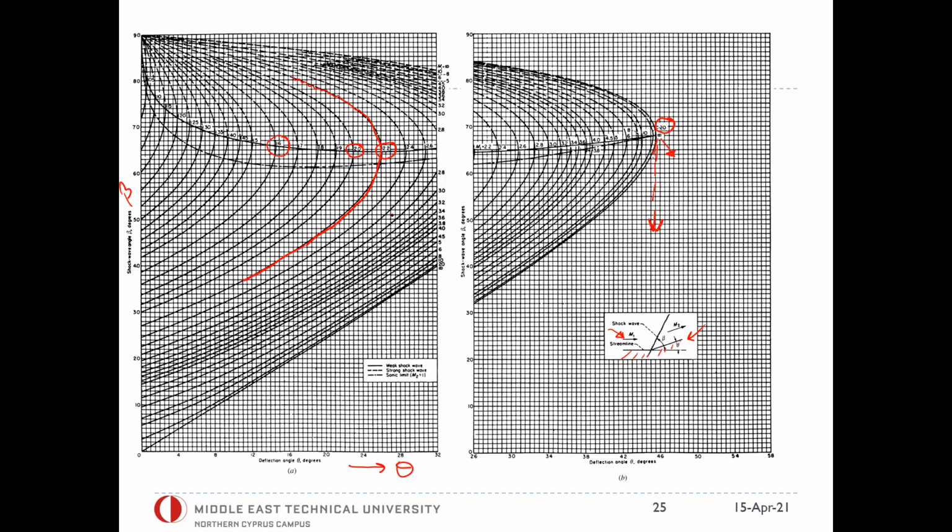There were a few issues related to this. For example, for every single Mach number curve, let's say this is the Mach 1.5 curve right here, there is a certain value for maximum theta. So for example, this theta is the theta max value for this Mach number.